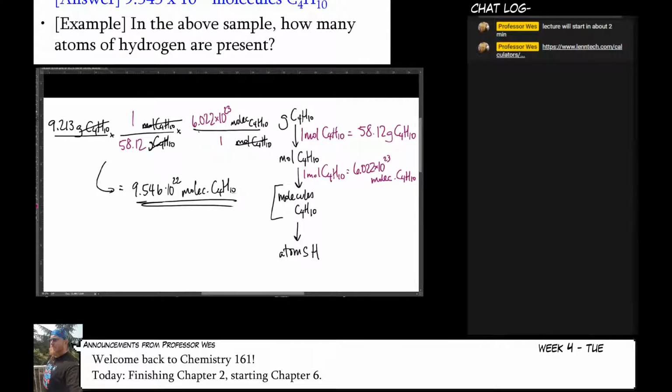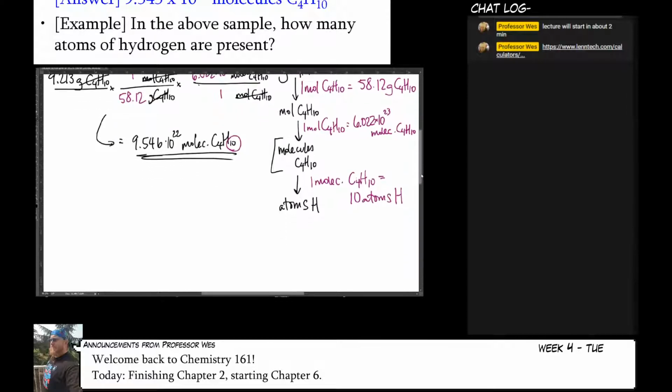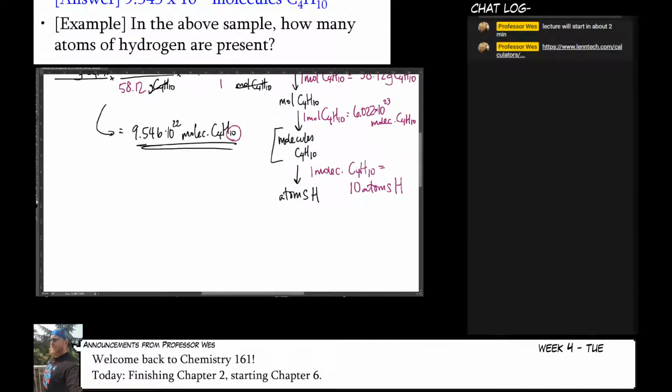Well, I would just look at the ratio in the formula, right? I could say in one molecule of this, there are 10 atoms of H. So that means I could do this.